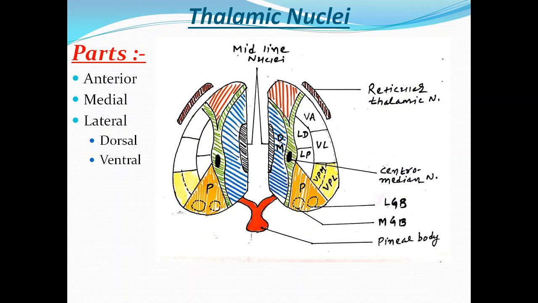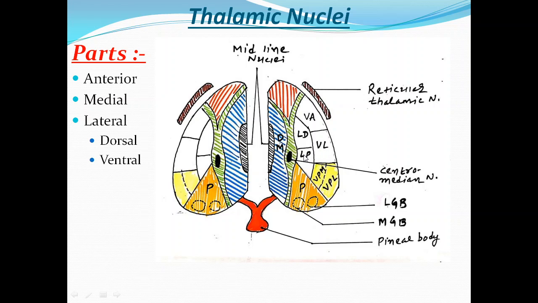Once again I will show this in this schematic diagram. You can see in the anterior part there is an anterior thalamic nucleus. Now this is the medial part. There is a large medial dorsal nucleus and a smaller medial ventral nucleus. Laterally, lateral to this green colored internal medullary lamina, is the lateral part.